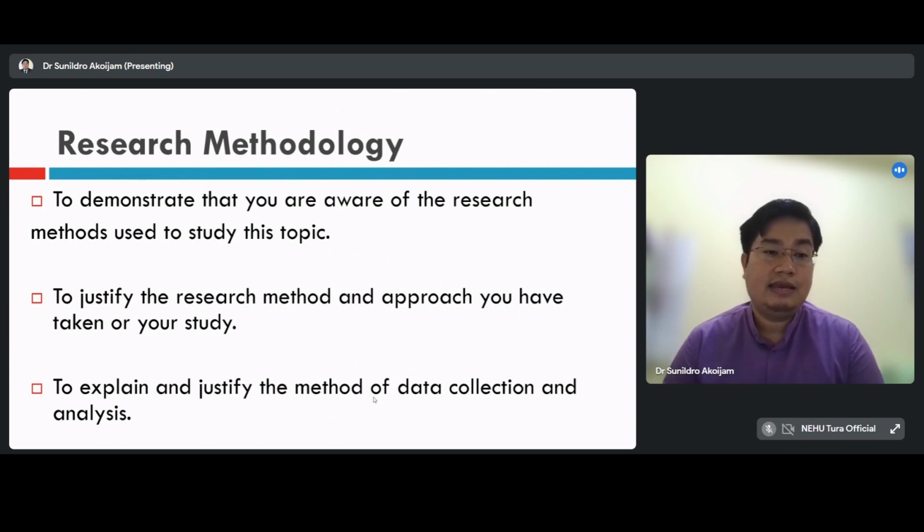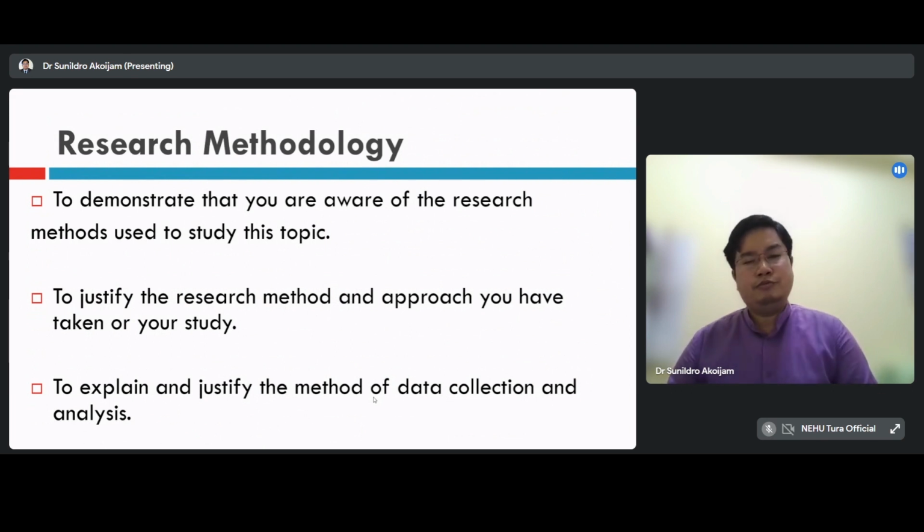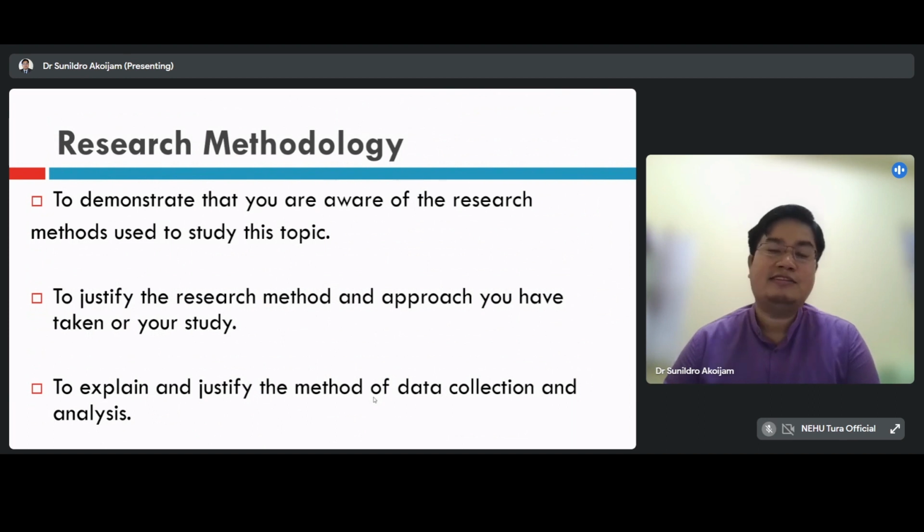To justify the research method and approach you have taken, whatever methods or techniques you use is okay, but you have to justify them. You have to give the rationale for using those things, and that should be clearly reflected in your research methodology section. Similarly, you need to explain and justify the method of data collection and analysis.